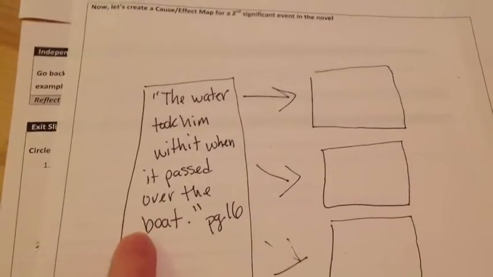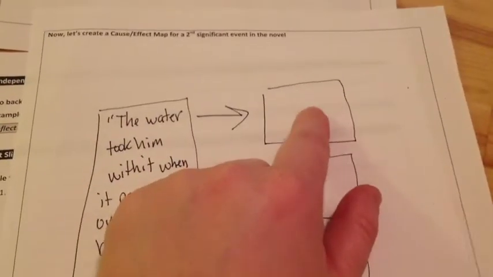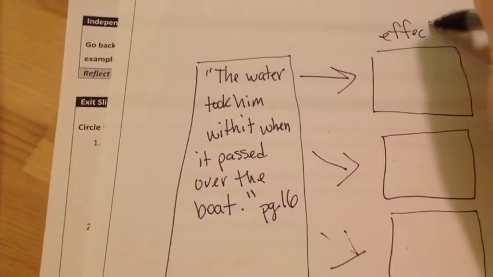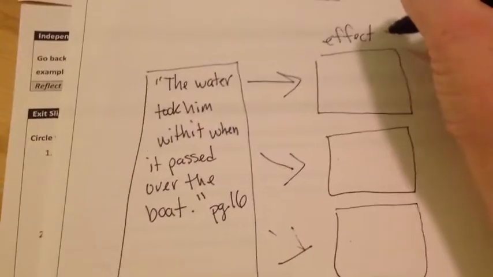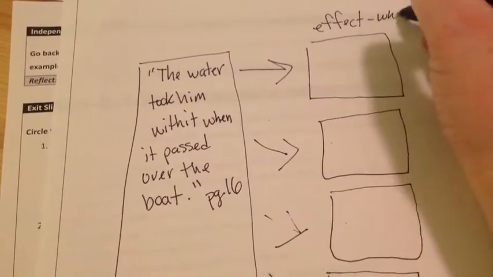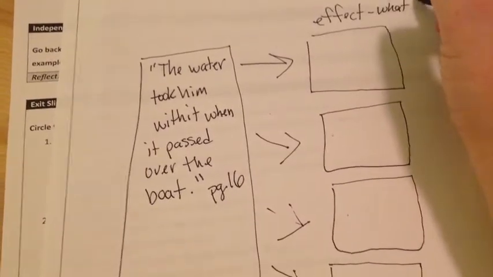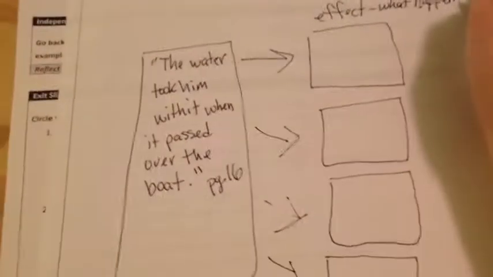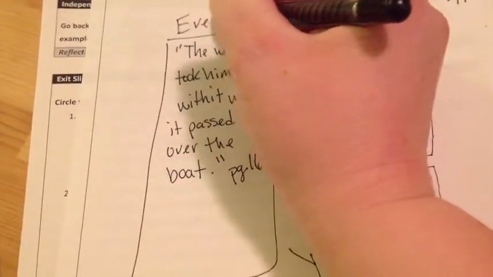Okay, so what is something that happened? Remember, the effect is the what happened. What is something that happened because Mr. Torres died? One thing is something that we already talked about, right? And that is, I'm going to label this the event first.